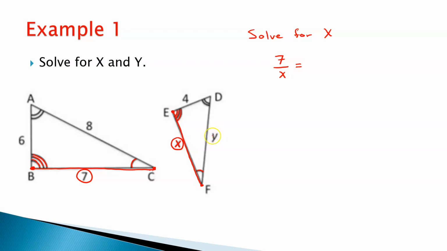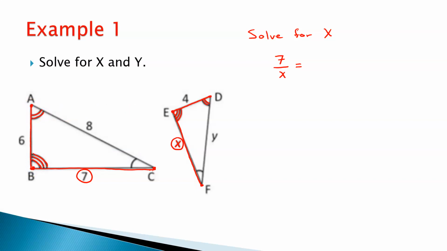I don't want to use y, right? I don't know what y is, so I'm going to be forced to use over here the side from E to D. So again, take a look at what side that is really matching up with. There are 3 angle symbols on E, and there are 2 angle symbols on D. Well, there are 1, 2, 3 angle symbols on B, and then there are only 2 at A. So these are the corresponding sides.